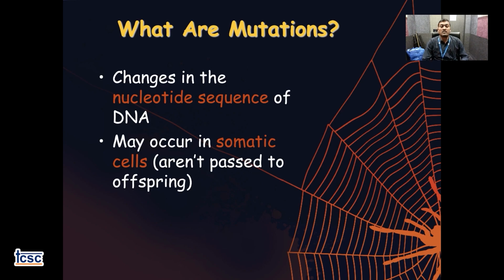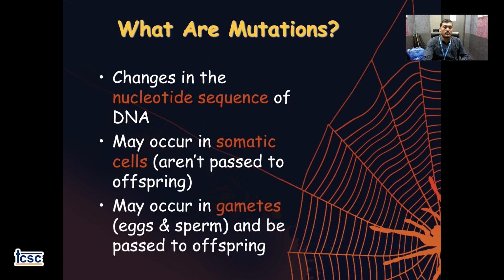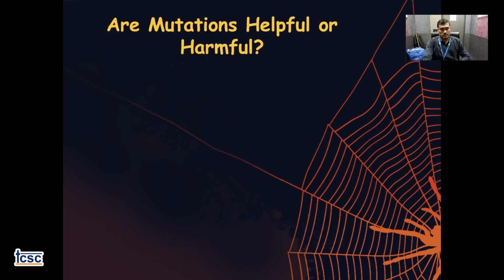That's the basic difference between somatic cell mutations and germ cell mutations. If mutations occur in the germ cell, they will affect the next generation, and if in a somatic cell, they will affect only that particular individual. That is the basic difference between somatic cell mutations and gametic cell mutations.